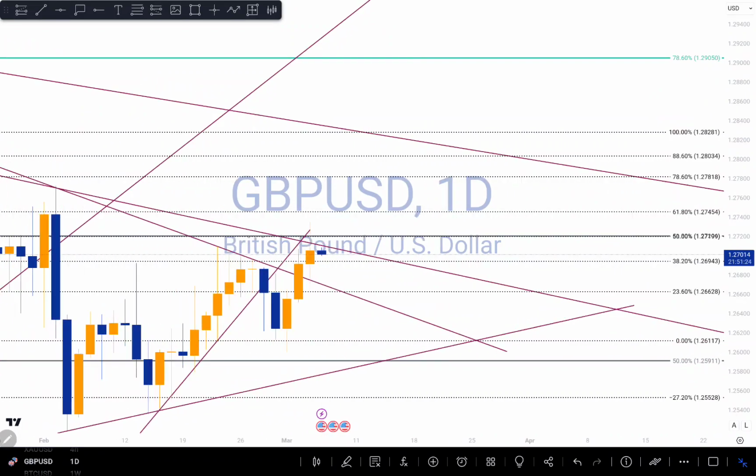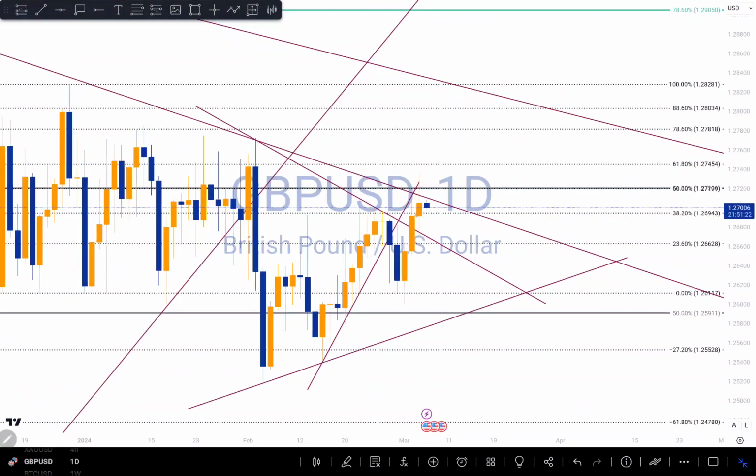You can see that we are currently still on a downtrend, to be honest. So if you see this impulse is sort of like a correction, we might continue to see a continuation to the downside.